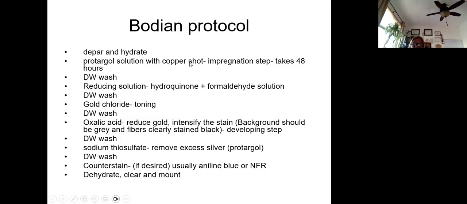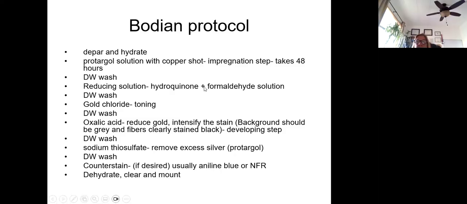And remember, this copper shot is going to remove the coloration or prevent the coloration of your connective tissues, while the protargol solution is a silver solution that is going to impregnate your neurons. So we're going to come out 48 hours later. We're going to distilled water wash. We're going to go into a reducing solution, which makes this argyrophilic.